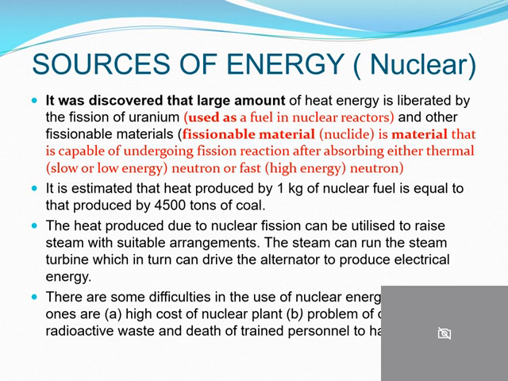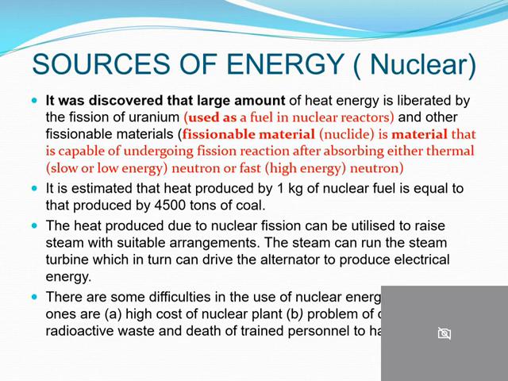It is estimated that the heat that can be produced by just 1 kg of nuclear fuel is equivalent to that which can be produced by 4,500 tons of coal. So just imagine the difference. 1 kg compared to 4,500 tons.